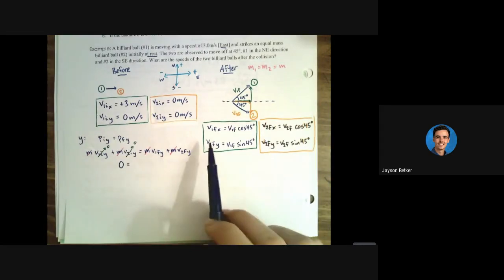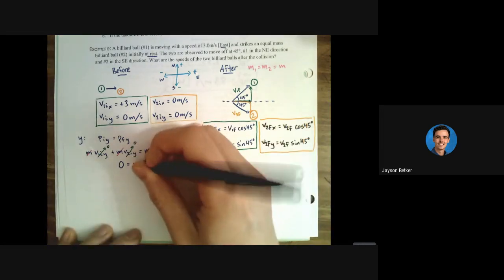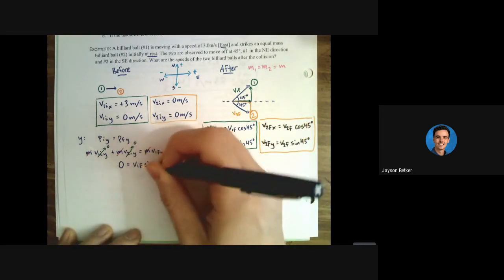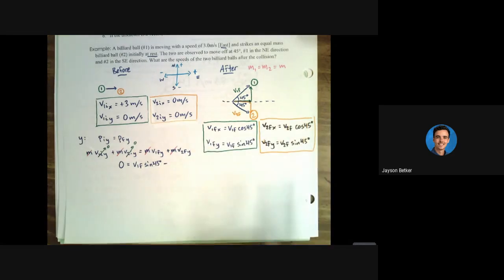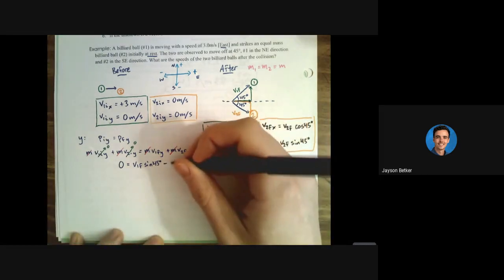Let's go over here. V1FY is V1F sine 45. And then minus V2FY. And V2FY is V2F sine 45.